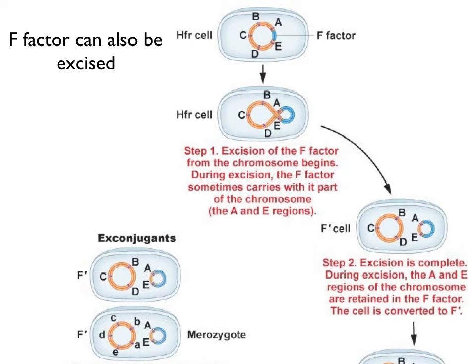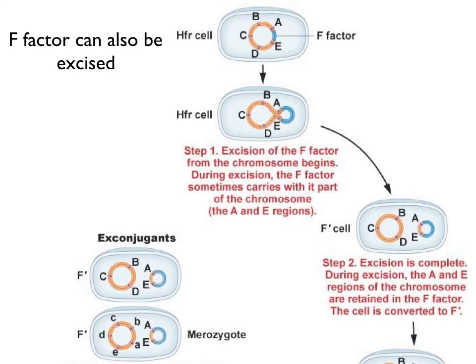And in doing so, what the cell ends up doing in this illustration is cutting out not only the F factor, but also sending away with it genes A and E, okay? So this cell, it's not F positive, it's not F negative, it's not HFR. It is what we call an F prime cell.